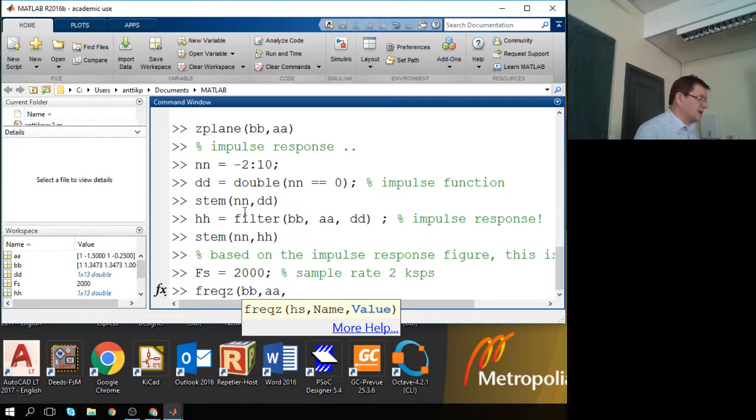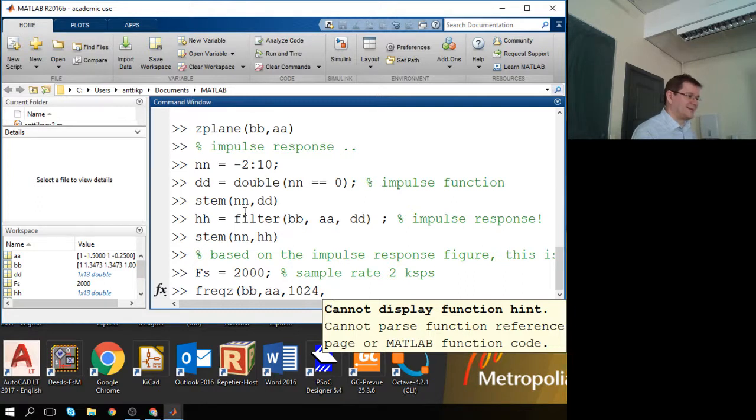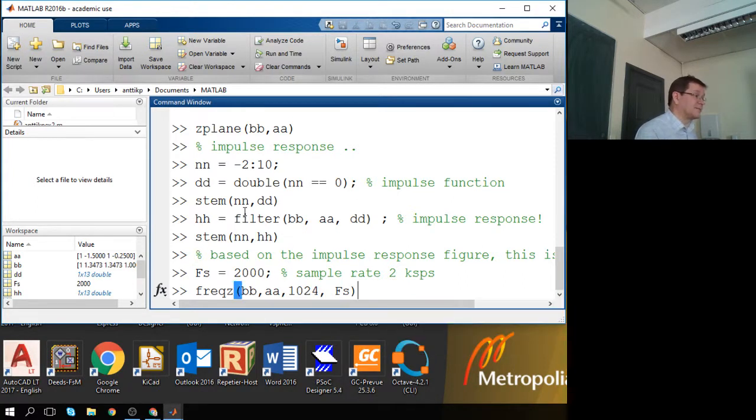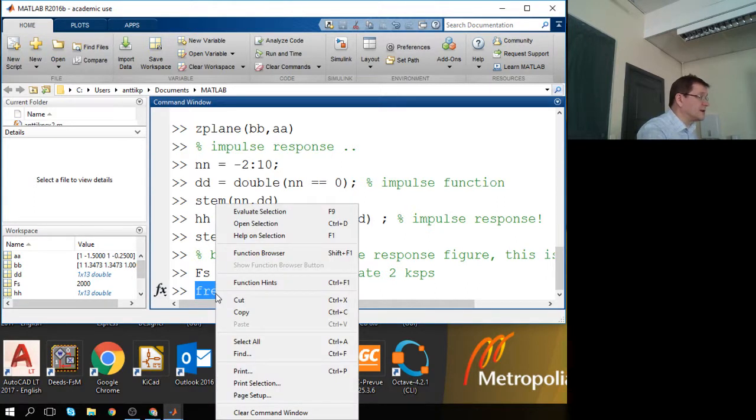And then frequency response bb, aa, and then I have the number of points on the Fourier transform, 1024, for example. And then sample rate. That's the old way of using it.